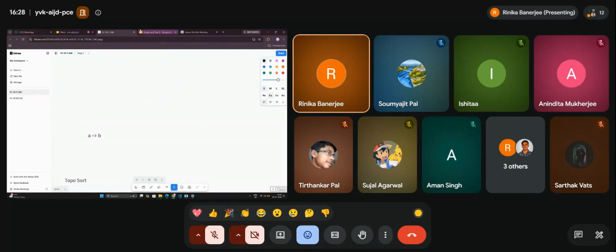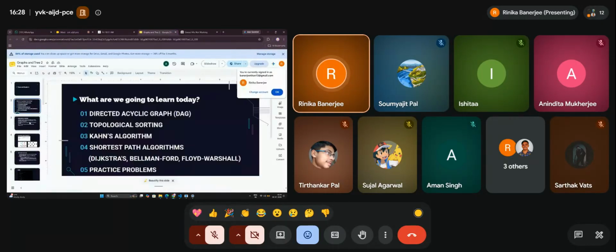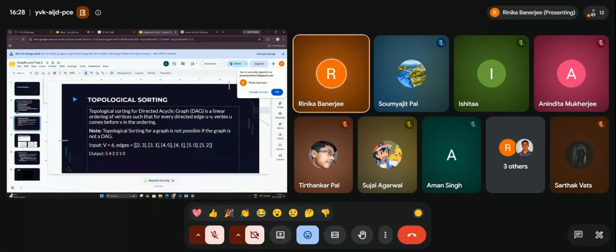Now, let's see why you need to know about directed acyclic graphs. Let's start with topological sorting. So, what is topological sorting?